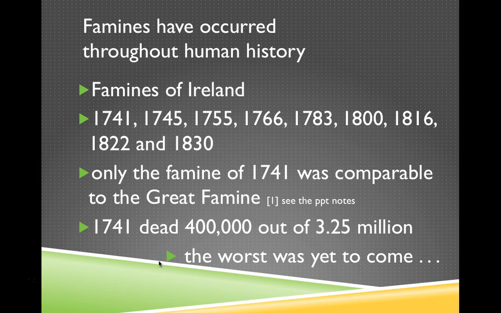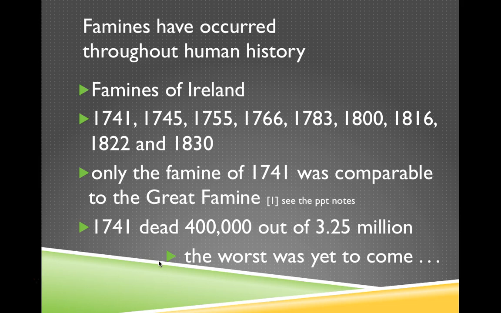If we look at different places in the world, we do see that famines throughout human history have occurred for probably thousands of years, maybe not even shortly after agriculture and domestication of plants and animals started to really take root in the human experience.